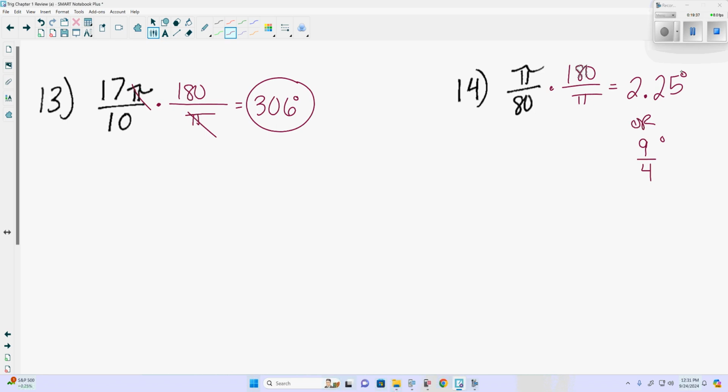Just like in Algebra 2, as long as it is the correct answer, I will take it no matter what form, decimal or fraction. Unless I specifically ask for a certain answer, so like our inverse trig for this here has to be in radians. Has to be in radians.